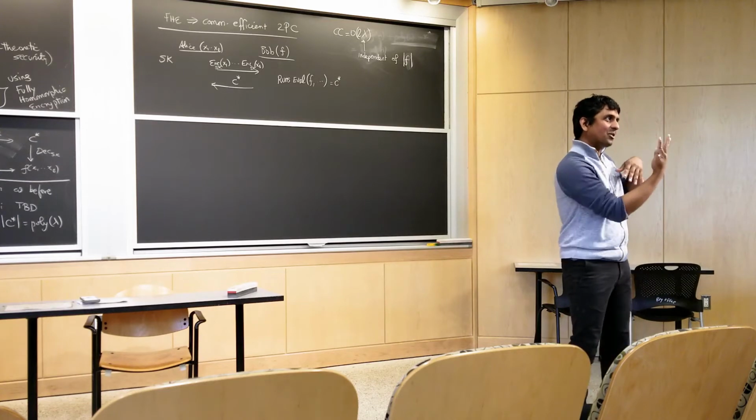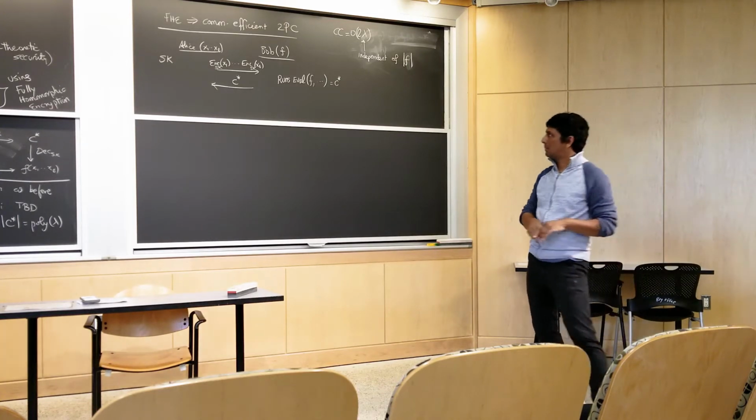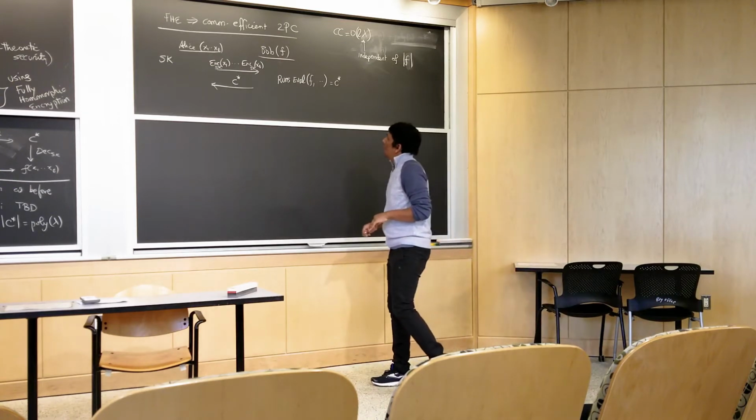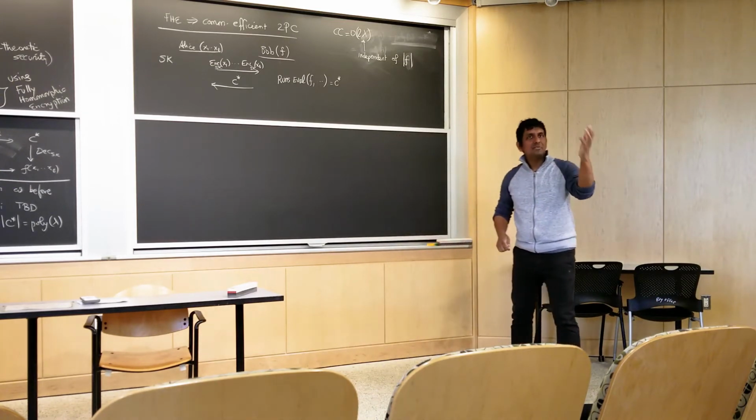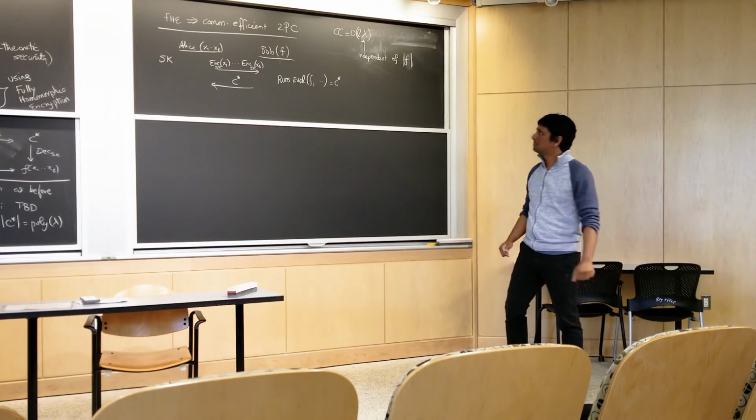Take the circuit, hard code y1 up to yl. That's another circuit. Just compute it. In general, you can do it, even if you don't do this kind of thing. But let's, for simplicity, think of it this way.